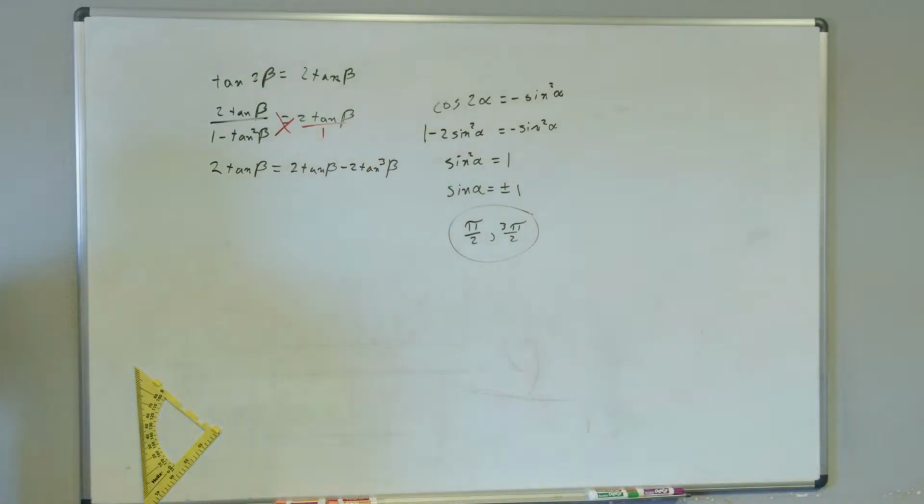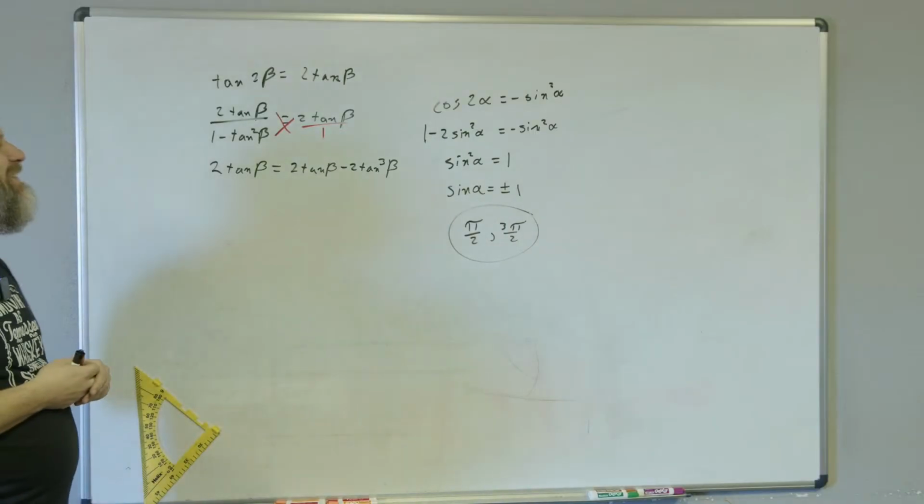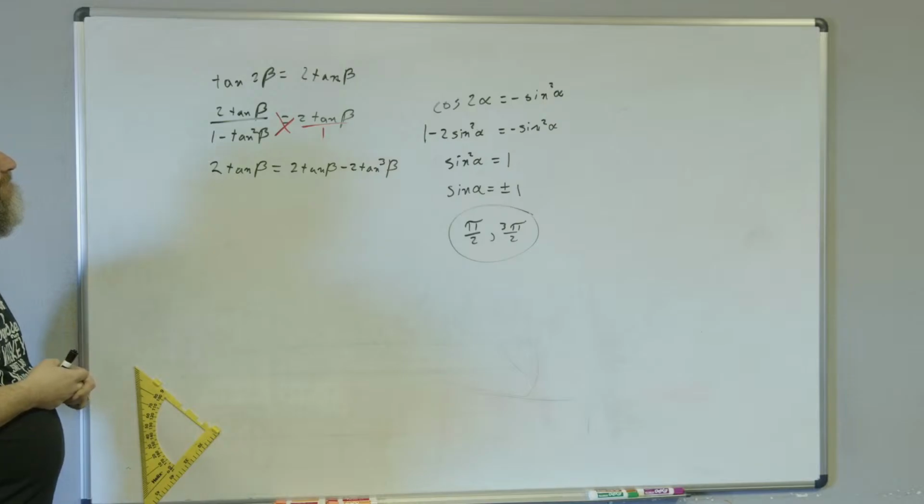We should subtract the 2 tangent beta from both sides. Wait, hold on. 0 equals negative 2 tangent cubed beta. I like that plan. Okay, good, it makes sense. I thought there was a mistake, but maybe not.